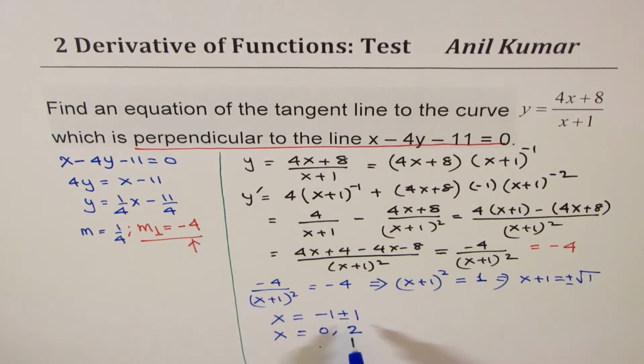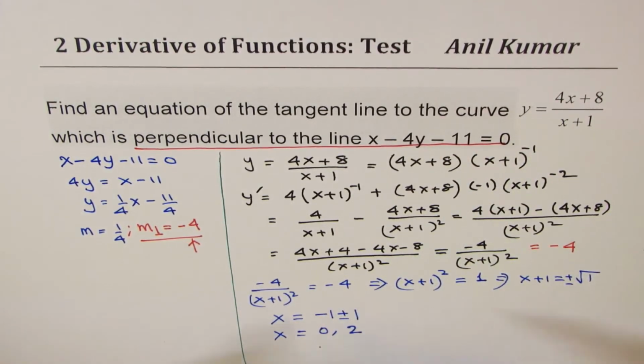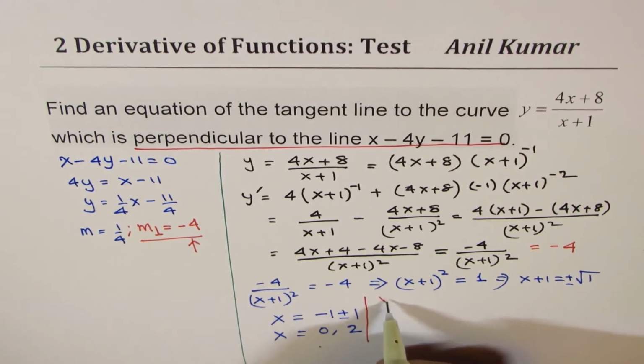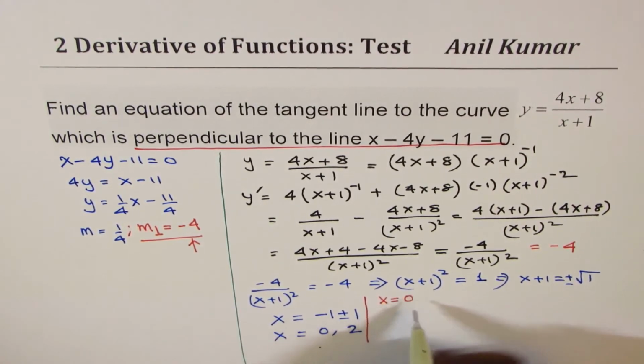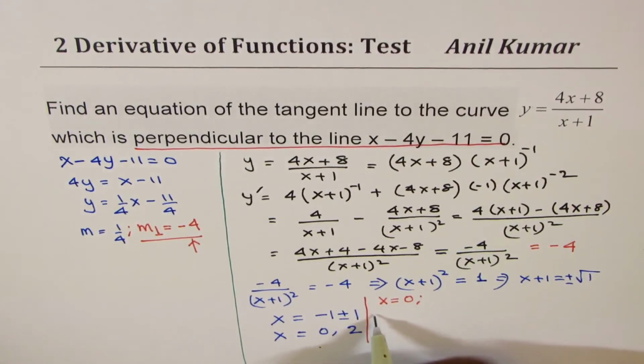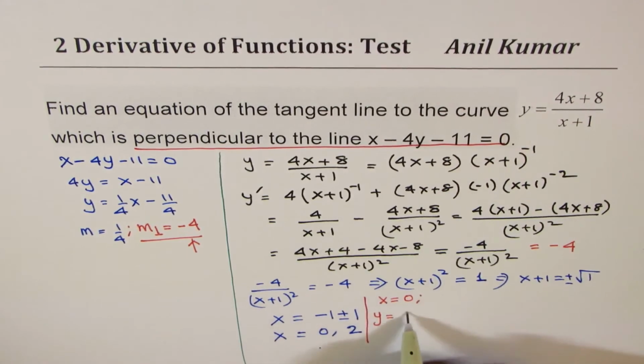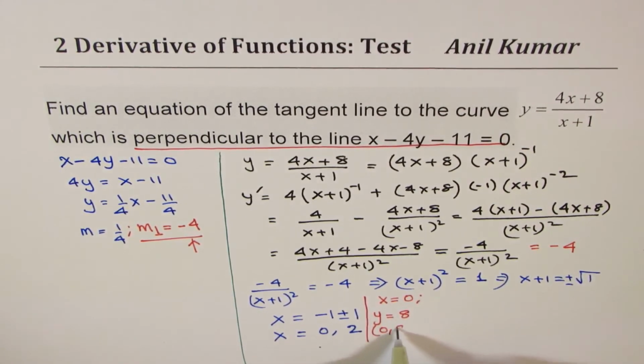Okay. So if I substitute 0 here, let's write down. For x equals 0, in this function, we get y equals 8. So one of the points is (0, 8) on the curve.